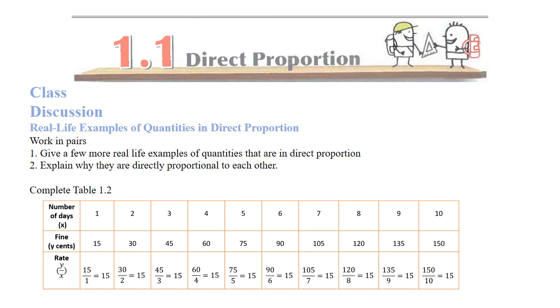Like we have 15 defined on the first day, we divide 15 by 1, 30 defined on the second day and divide by the number of days 2, and so on. We get the same number, that is 15, each time. So this is what we can call the rate.